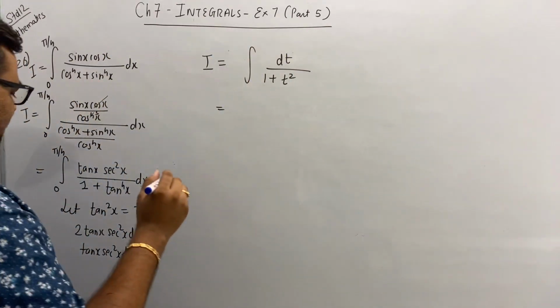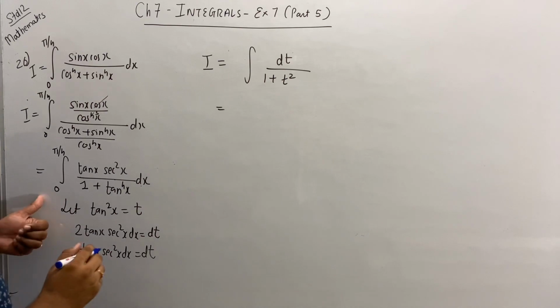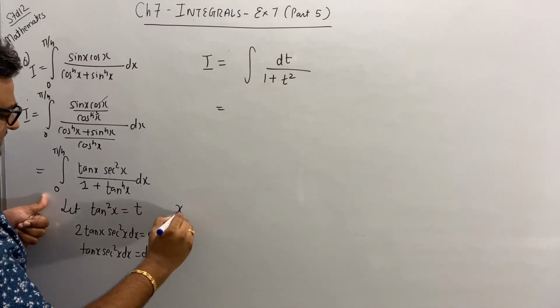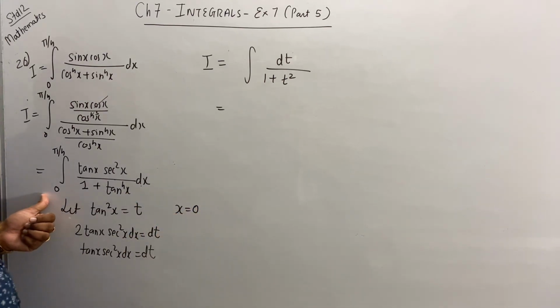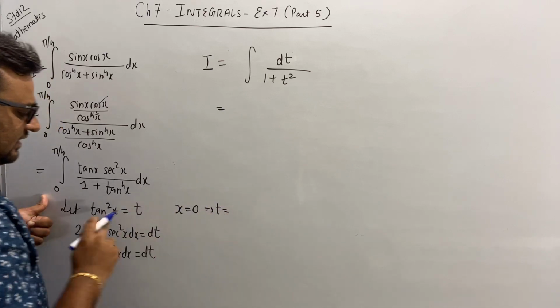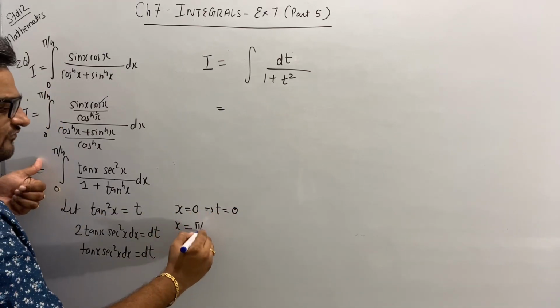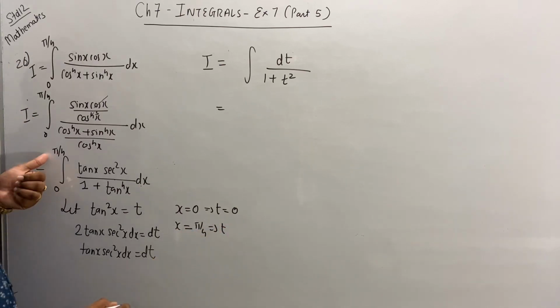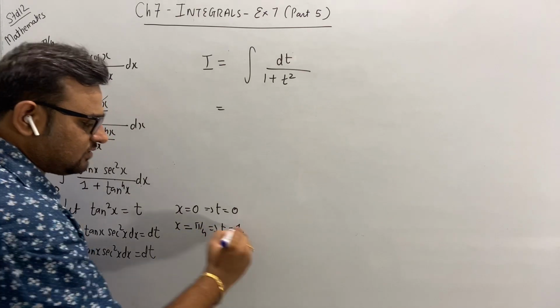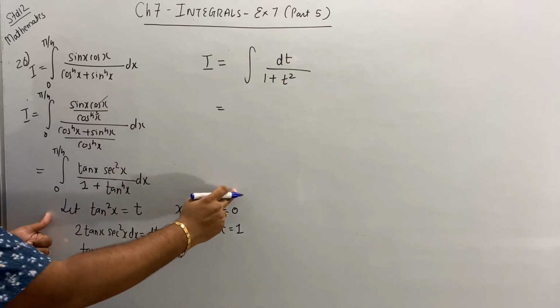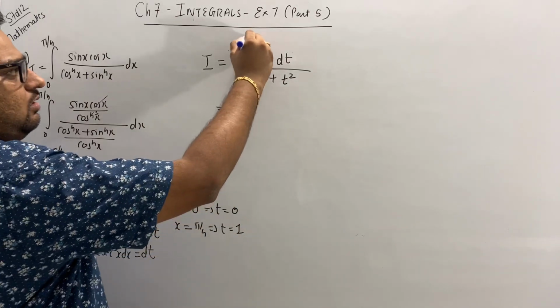Okay, we forgot to put the limit. See here, when x is equal to 0, what will be t? tan 0 is 0. When x is equal to pi by 4, what is tan pi by 4? 1. Okay, so the limit is from 0 to 1.